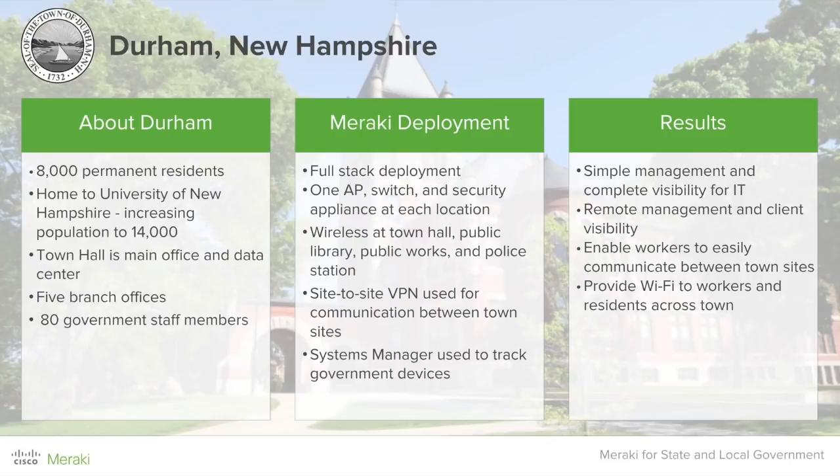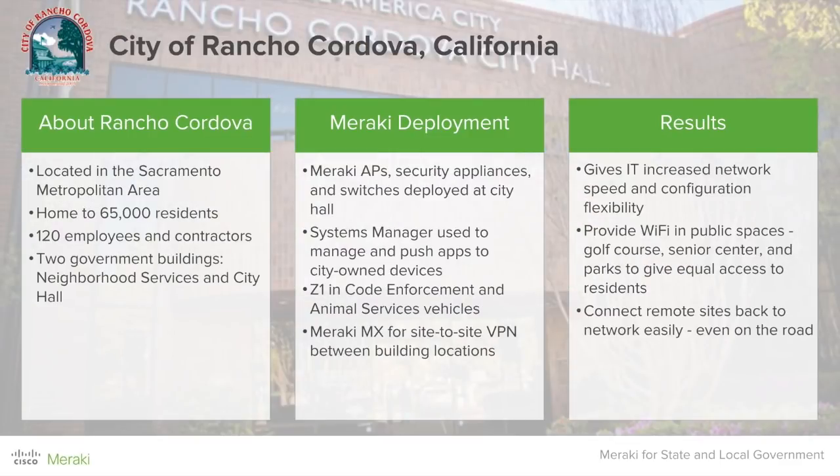They also had remote management and client visibility for those remote workers. It allowed them to enable workers to easily communicate between town sites and also provided wireless to workers and residents across town, which again really enhanced that resident experience and just really made them kind of that place to go for a really comprehensive technology experience within the city.